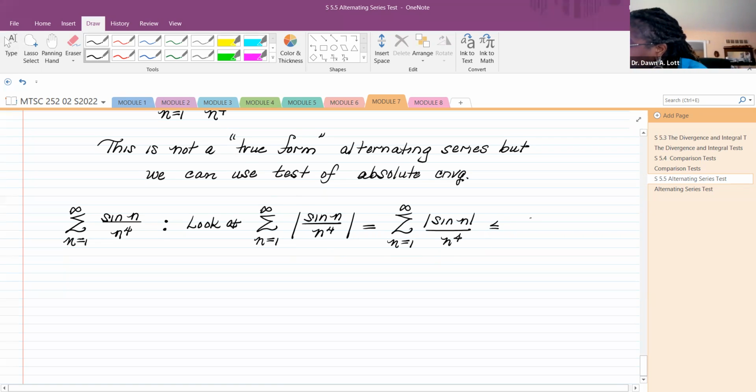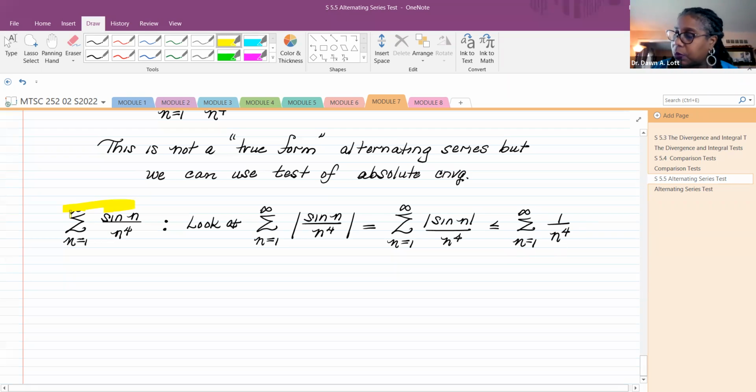So I know this is less than or equal to the sum of 1 over n to the fourth. Okay, so we got a lot going on. We're trying to determine whether this series converges. We're going to look at this series, which is in absolute value.